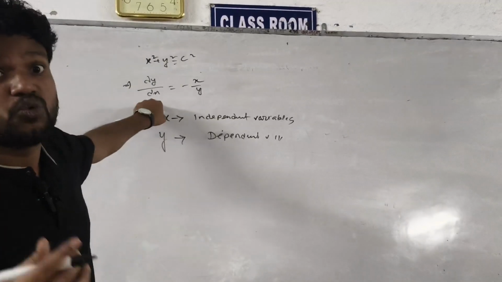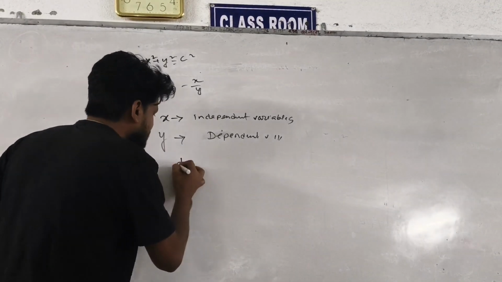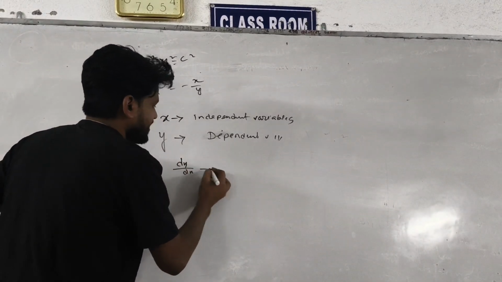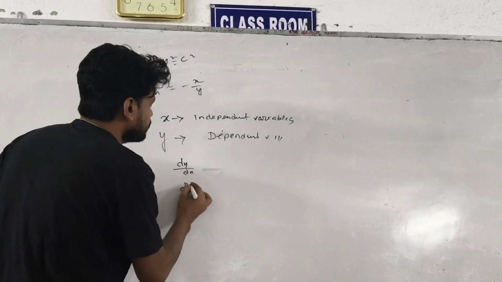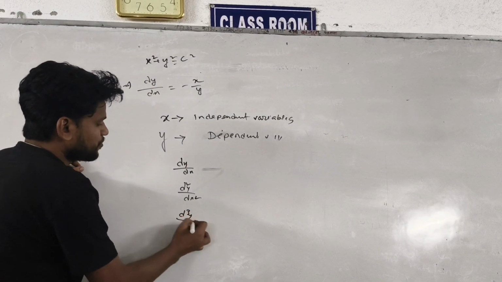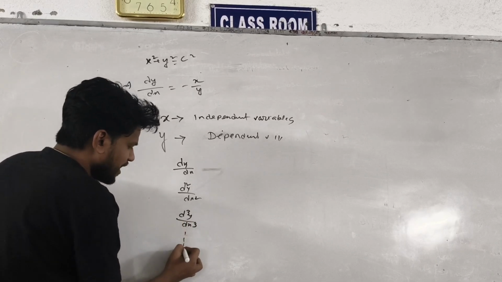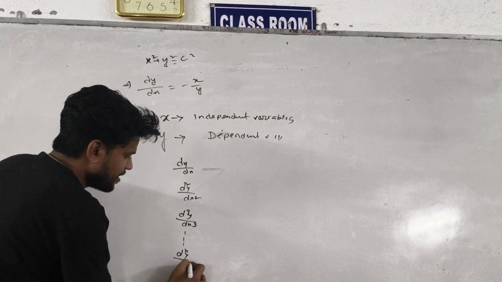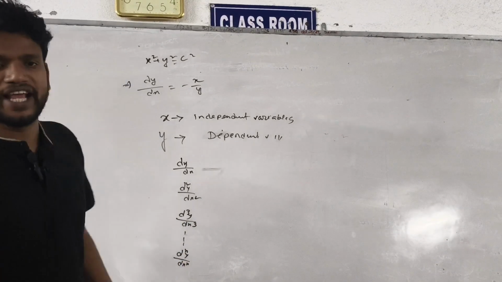Here I write dy by dx, d2y by dx2, d3y by dx3, and this process continues to dny by dx to the power n.